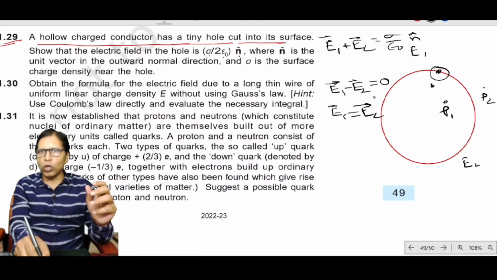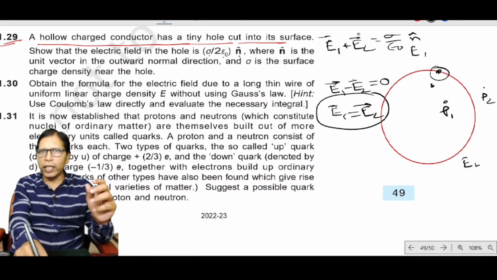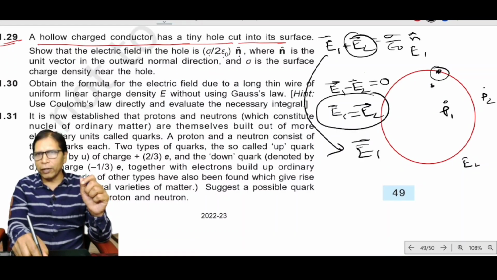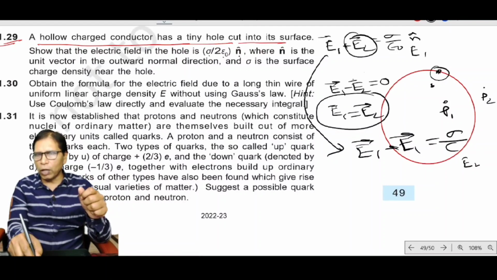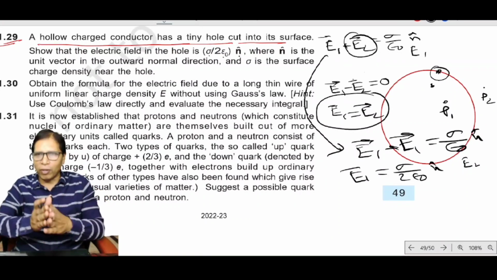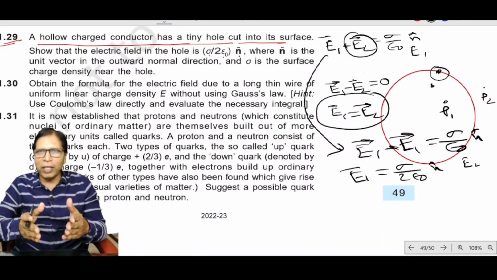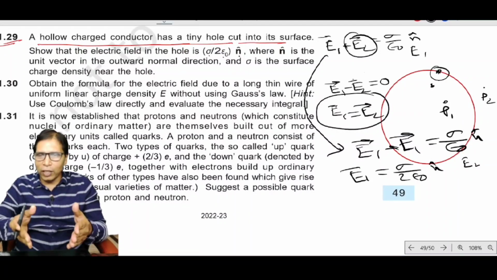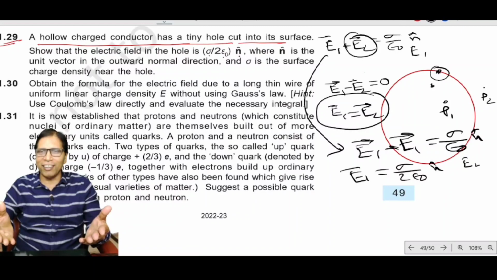Now put the value of E2 in this equation: we get E1 vector plus E1 vector equals sigma by epsilon naught n cap. So E1 vector equals sigma by 2 epsilon naught n cap. So the electric field in the hole is sigma by 2 epsilon naught.